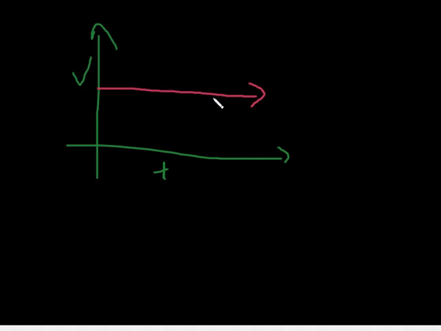So the body is moving at uniform velocity. Suppose here the velocity is 40 kilometers per hour. That means the body is moving exactly at 40 kilometers per hour irrespective of the time. If the time is increasing, the body is still moving with the same speed or the same velocity. Okay.